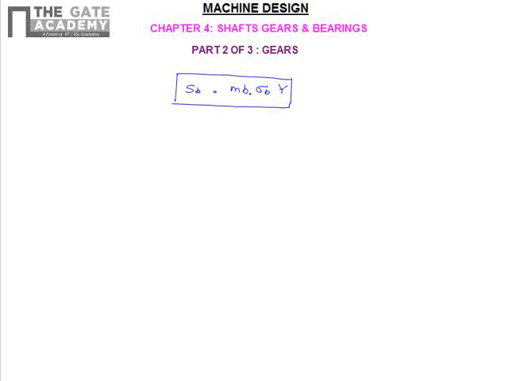In order to avoid the breakage of the gear tooth due to bending, the beam strength SB should be greater than or equal to P effective. And usually in the design of gear tooth, sigma b is taken as SUT by 3, where SUT is the ultimate tensile strength of the material.